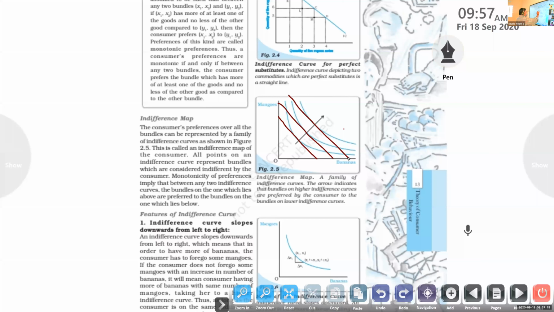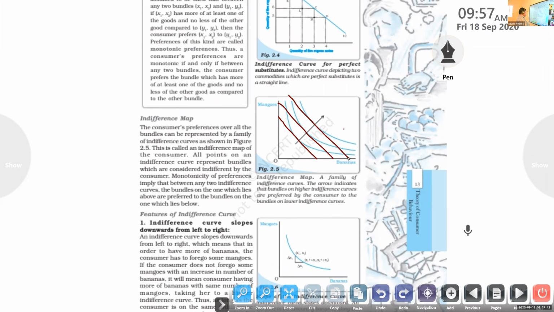So we are able to purchase more commodities, and at the same time the satisfaction level also increases, right? Yes or no? So it is interconnected. Both these ideas are interconnected, which we will learn in the next topic. IC and budget line are interconnected. We will discuss that later.